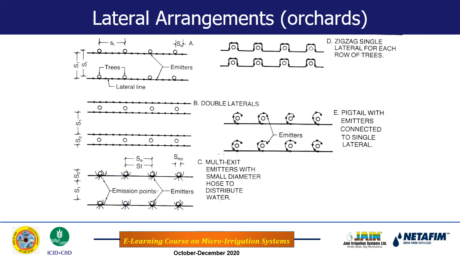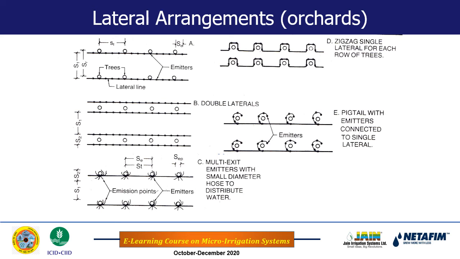Under such cases, it is not like the row plantation, wherein depending on the soil type we can have the spacing between emitters less or more in order to wet the entire strip of the row. But here, if the emitters are more, then we have to arrange them around the tree so that the entire root zone is wetted uniformly.